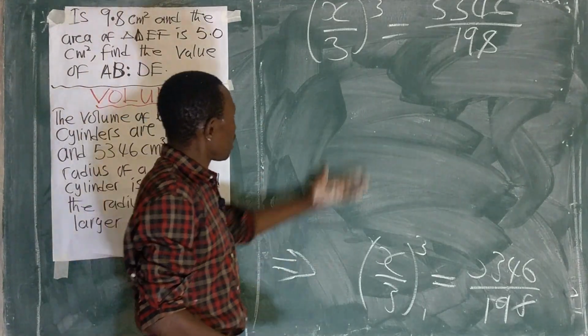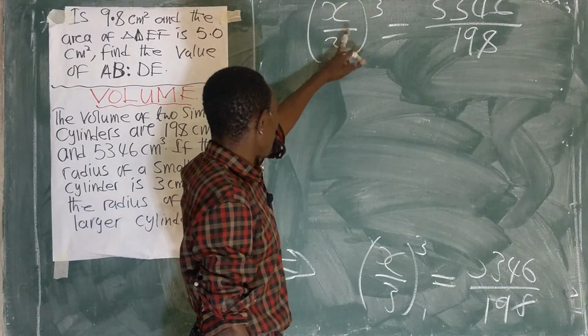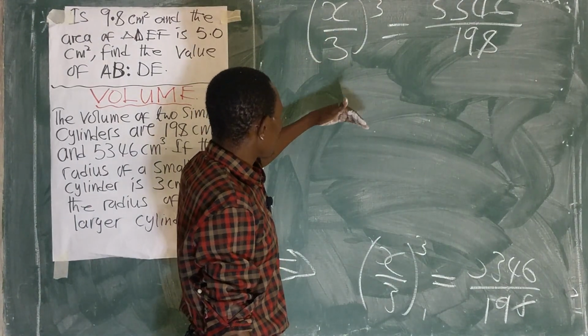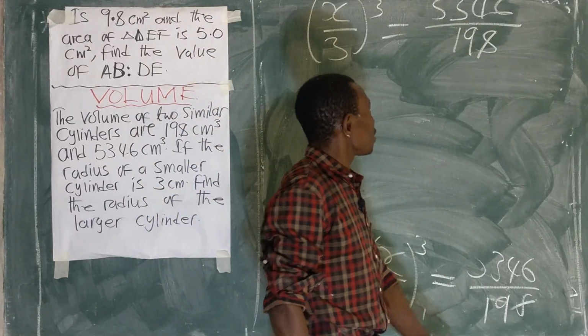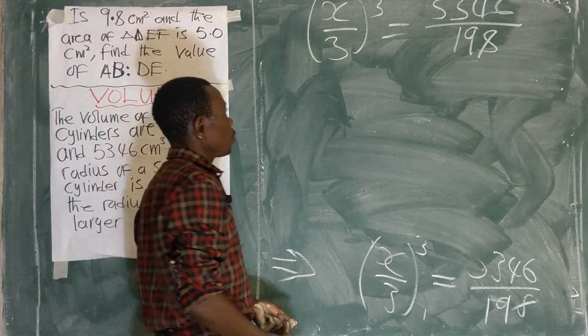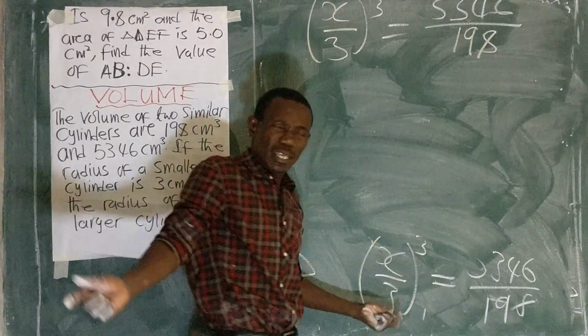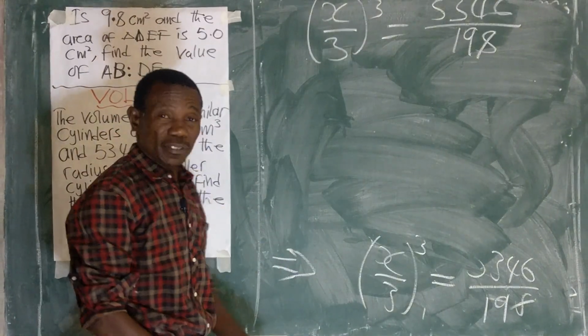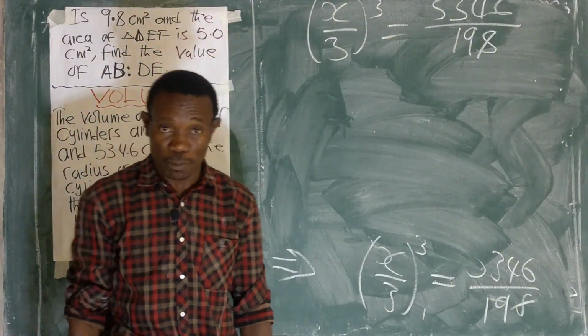One can begin by taking the cube, where you have x to the power 3 over 27 is equal to that, or else you can divide this into that, either way. At the end you should find the value of x, and whatever process you use is mathematics, so there's no problem there.